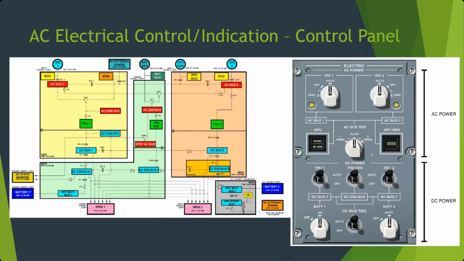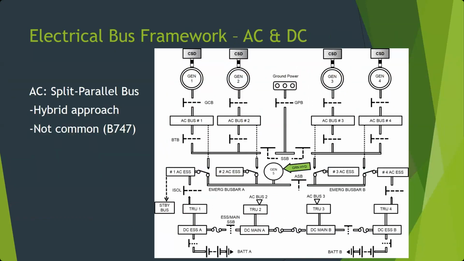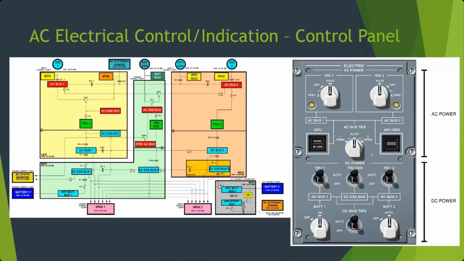With all of these, we have to be able to control our electrical systems, so we're going to have some kind of a control panel in the flight deck. Maybe counterintuitive, maybe not, but the older the airplane, the more complicated the controls in the flight deck.